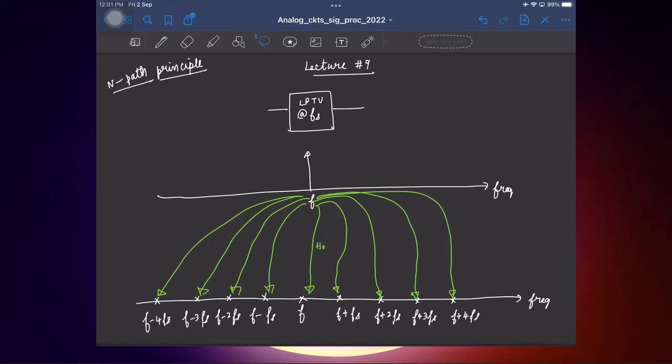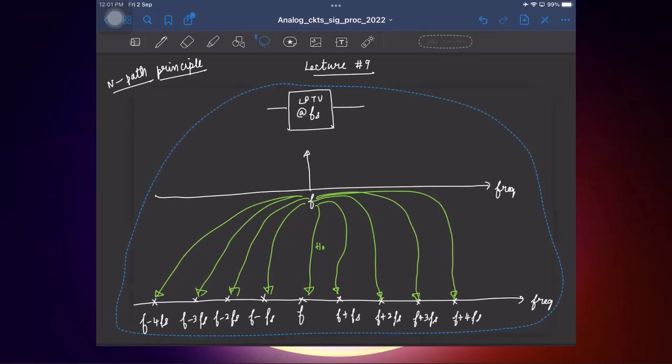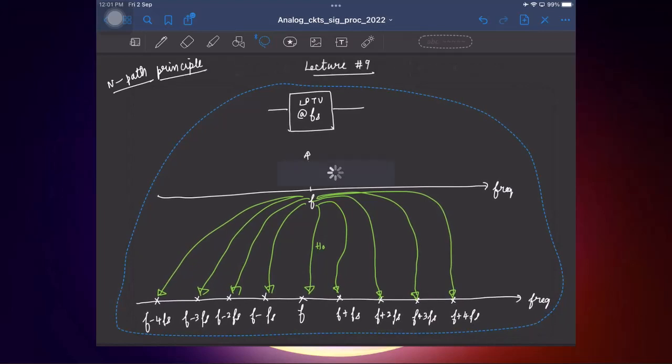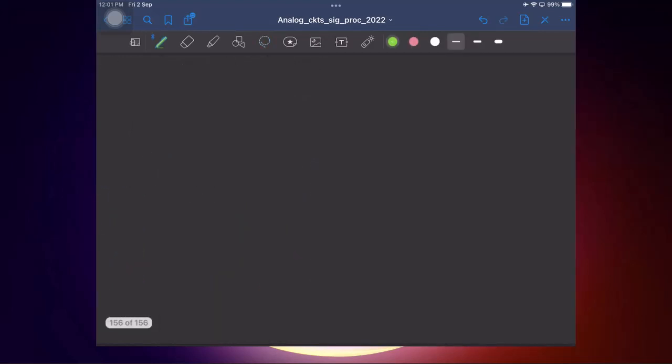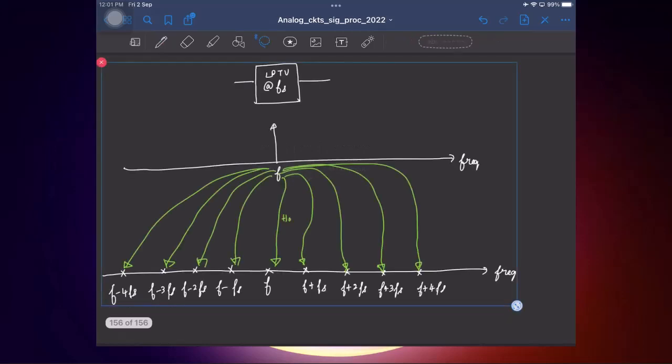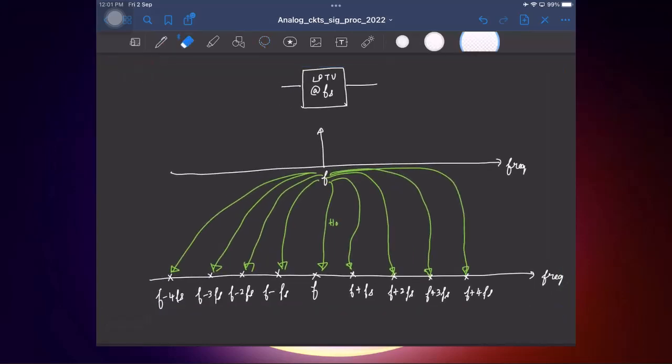Now let me first copy this. Let us say I have another LPTV system, but that is now varying periodically at a frequency 3 times Fs.